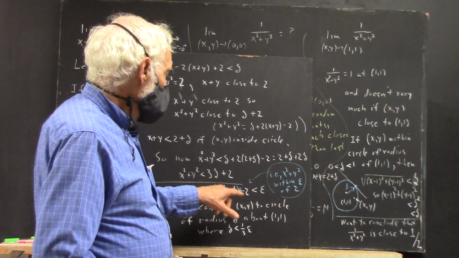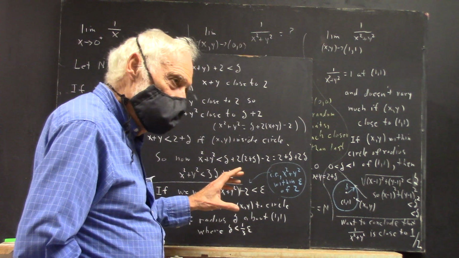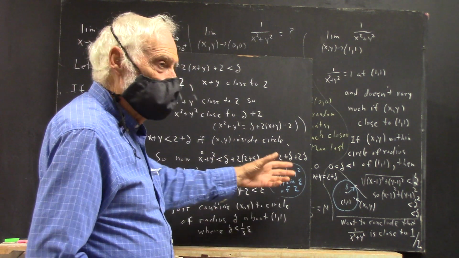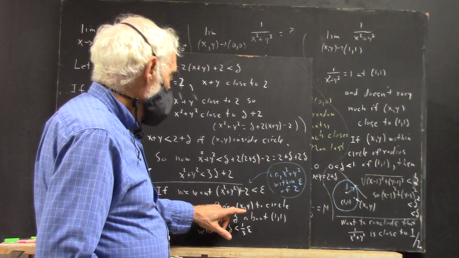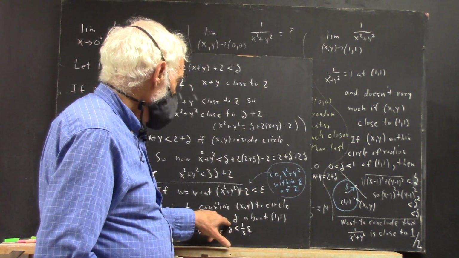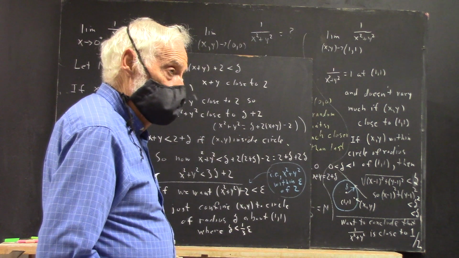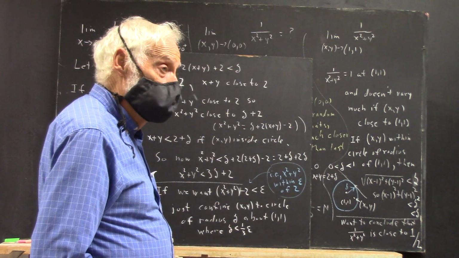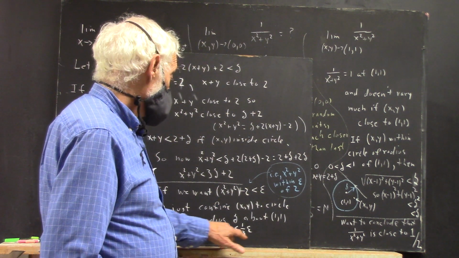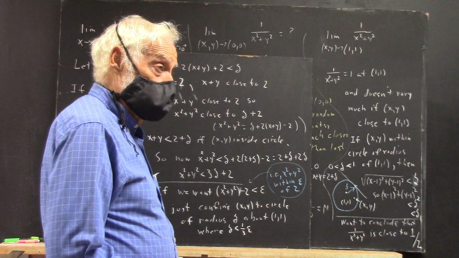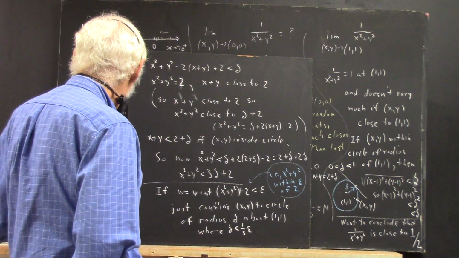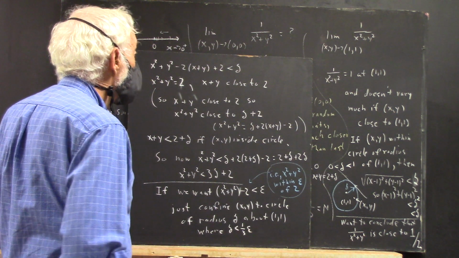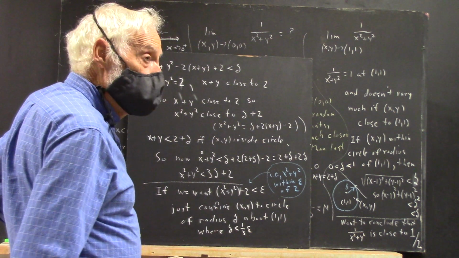If you want x squared plus y squared to be epsilon close to 2, just confine x, y to a circle of radius delta about 1, 1, where delta is some number less than 1/3 epsilon. Okay, that's a fairly rigorous proof.